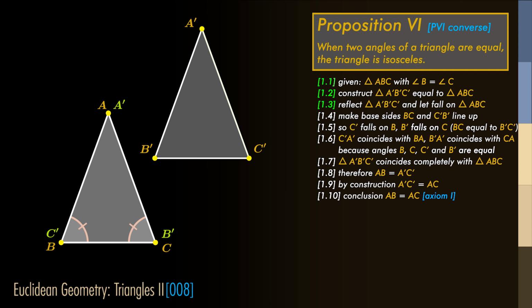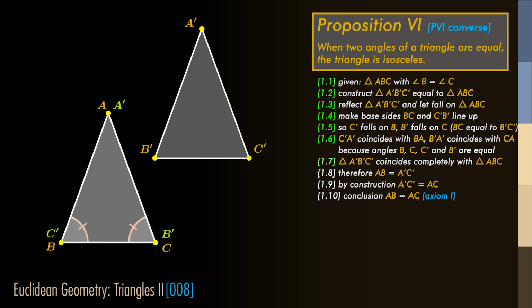And now we will start by having the base sides BC and C'B' line up. C' coincides with B and B' coincides with C because C'B' is equal to BC. Therefore, C'A' coincides with BA and B'A' coincides with CA because angles B, C, C' and B' are all equal.